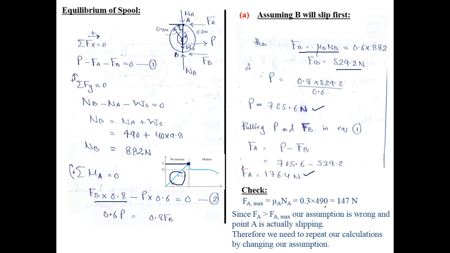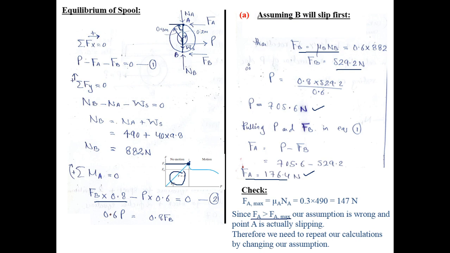It was 490, and this gives us a result of 147 Newton. And we see that the calculated value of Fa is actually coming out to be greater than the maximum value at A.